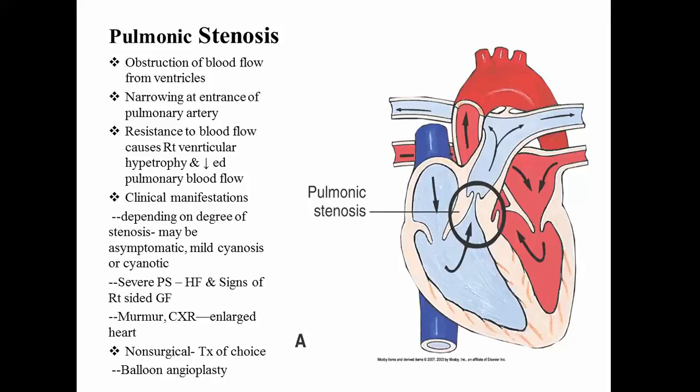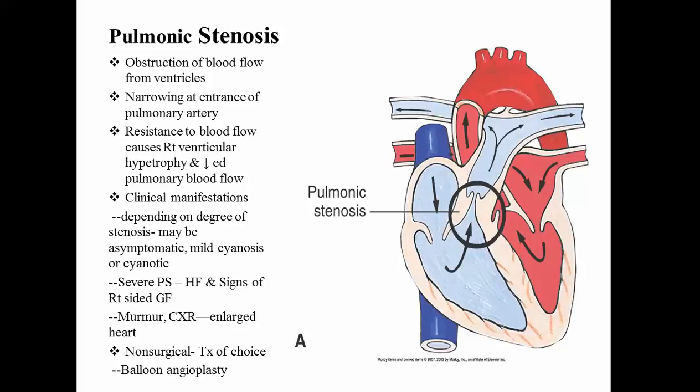If pulmonic stenosis is severe, then obviously there's going to be heart failure, and systemic venous engorgement is noted. Blood is not getting out of the ventricle, it's backing up. Then you're going to have signs of right-sided heart failure.